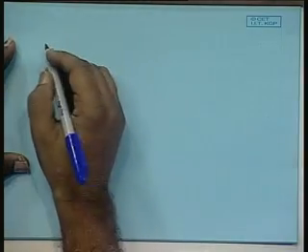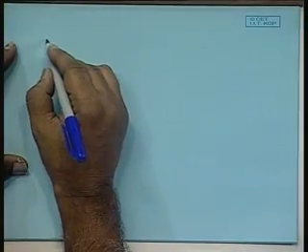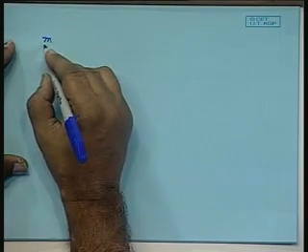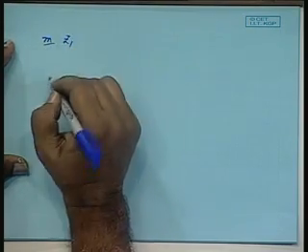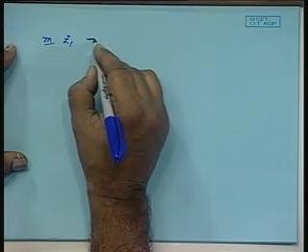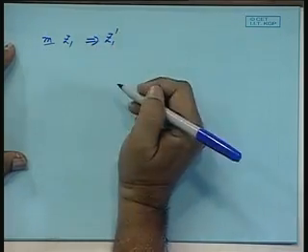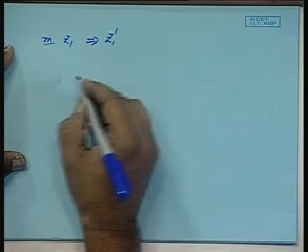Let us suppose we take a T network and we multiply Z1 by M. We are modifying Z1 by M, and that is Z1 dash. All right.